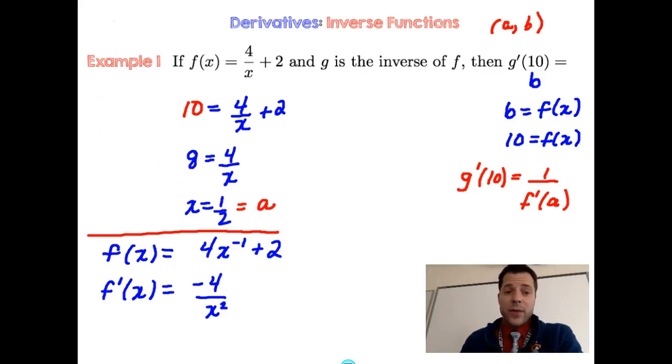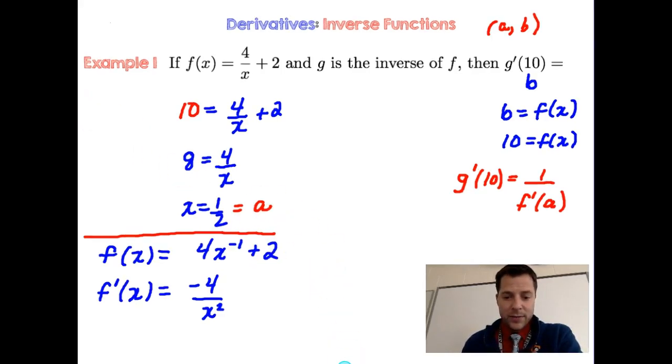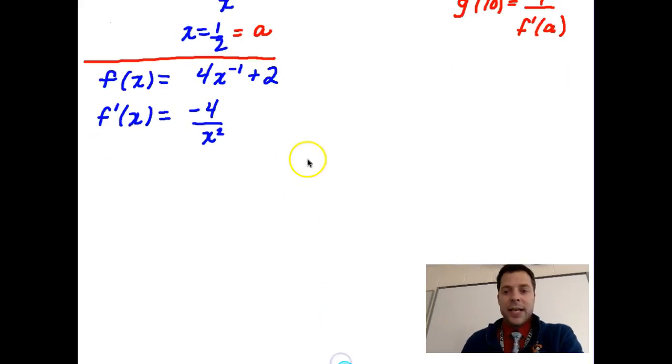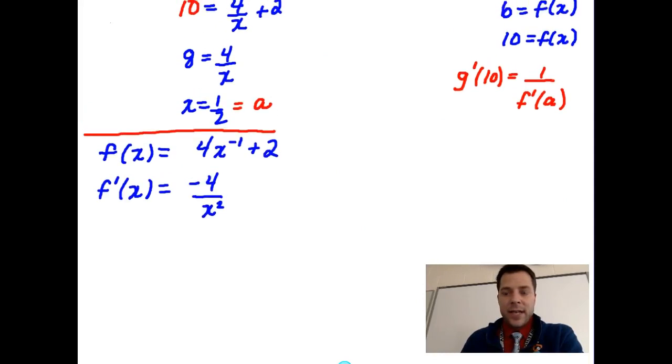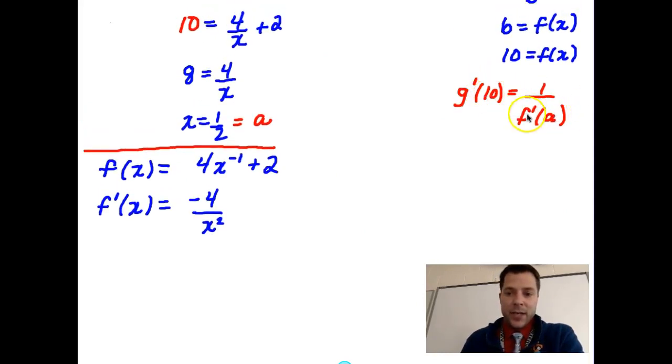So here is where we have some options. What I recommend is that I need to find g prime of 10, so I need f prime of a. I know that a is 1/2, so why don't we find f prime first? Let's find f prime of our a value, which is 1/2.